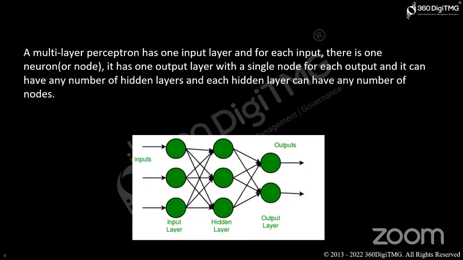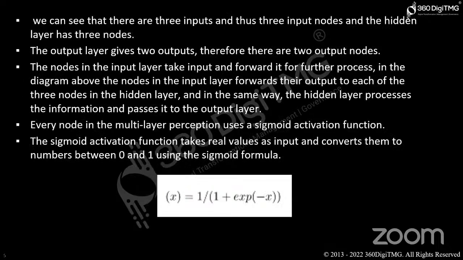In every node, the multi-layer perceptron uses a sigmoid activation function, as we discussed. The sigmoid activation function takes any real values as input and converts them into numbers between 0 and 1.